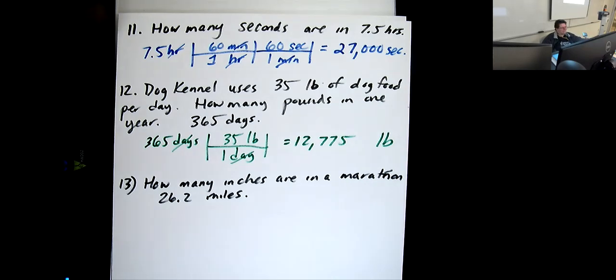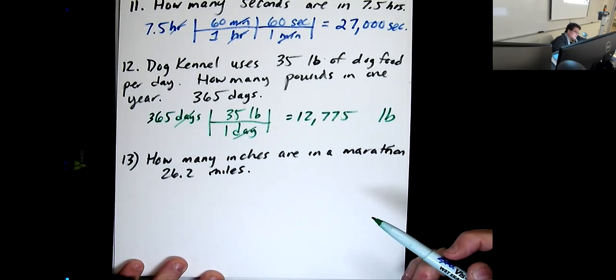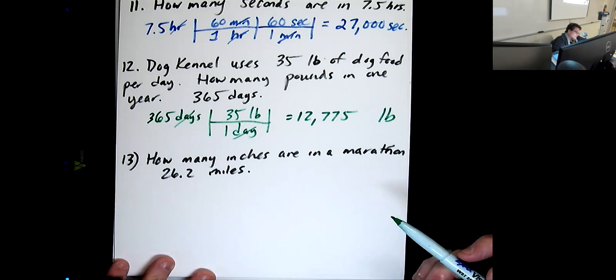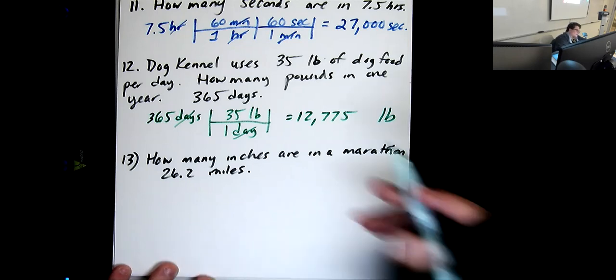Well, I don't have a conversion chart and I don't want to cheat. What's the closest? A decimeter is 1/10 of a meter.